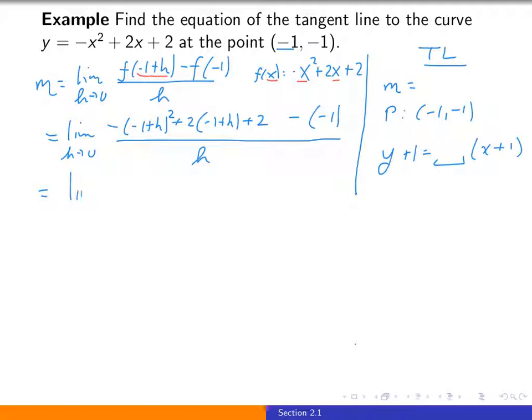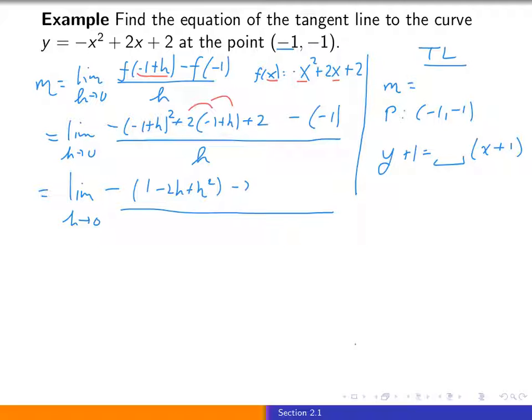So let's just go through piece by piece in the top. So we have minus the quantity (minus 1 plus h) squared. So we'll keep the minus out front, and if you square minus 1 plus h, we will end up with 1 minus 2h plus h squared. Then in the next term, we can distribute the 2.